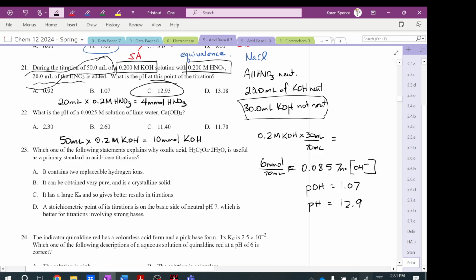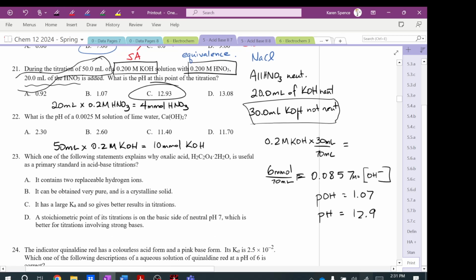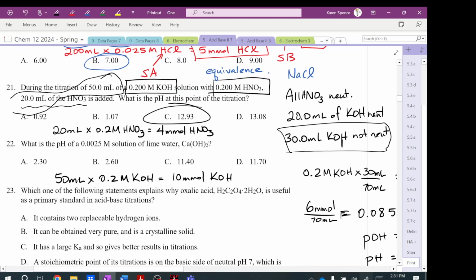There we go. But if you can wrap your head around that whole idea, I've neutralized 20 milliliters, so I have 30 milliliters left over, and now I'm just diluting that 30 milliliters, that's a really fast way to do questions like that in a multiple choice section.